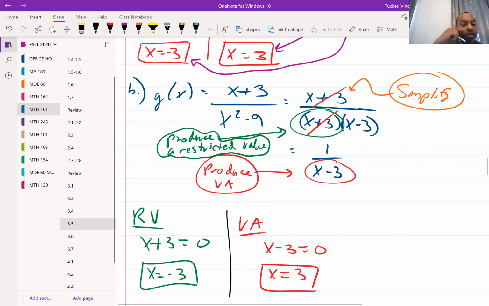So you set both of them equal to 0 and solve. So notice that x plus 3 produces a restricted value at negative 3, and then the x minus 3 produces a vertical asymptote at positive 3.